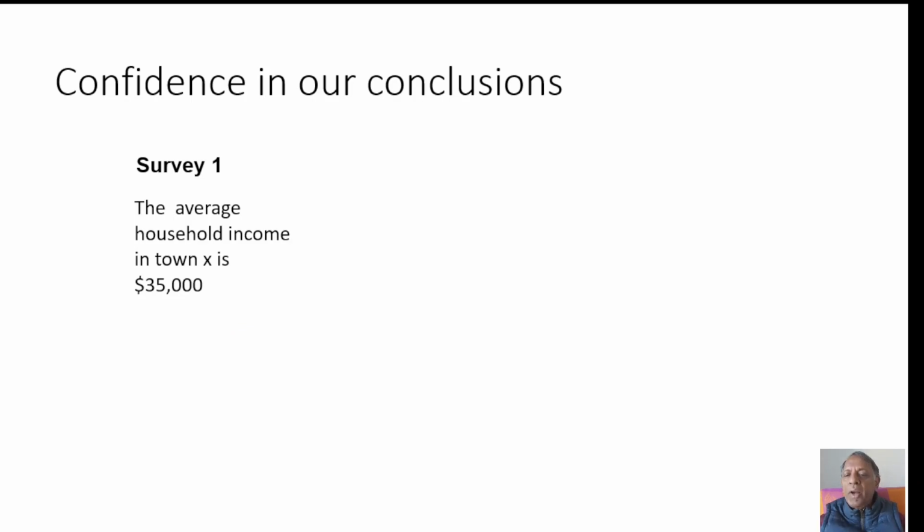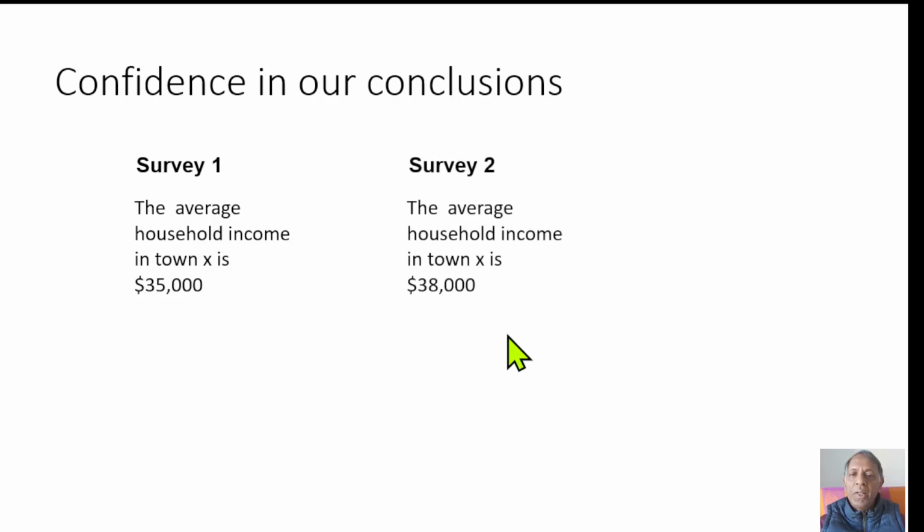We are trying to find out what the average income in that town is. And we did a second survey, and the average household income turned out to be 38,000. Same town, two different surveys gave us two different results. Now obviously, which one do we prefer? Do we prefer 35,000 or 38,000?